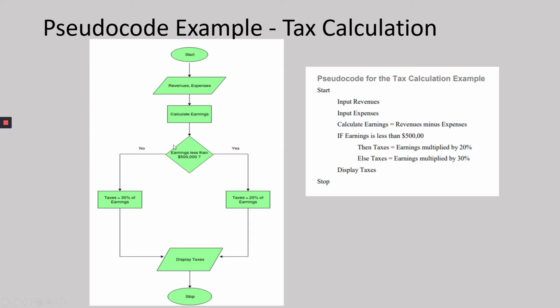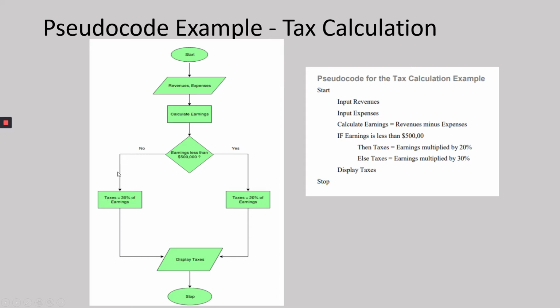After that we have decision making to say whether the earnings is greater than this number or less than this number. If it is less than this number, we have a yes branch, we go to the right, and the text for this one is going to be 20%. If it is not less than this number, we go to the left branch, we have a no, and the text is going to be 30%.